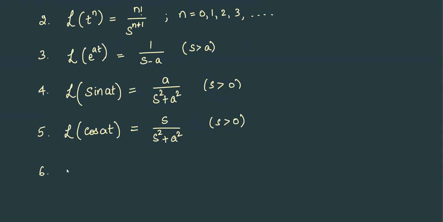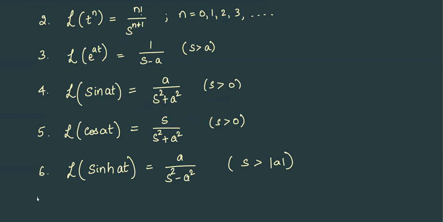Next, Laplace transform of sine hyperbolic at is a upon s square minus a square. And because of this s square minus a square, here s has to be greater than modulus of a, because a can be a negative quantity.